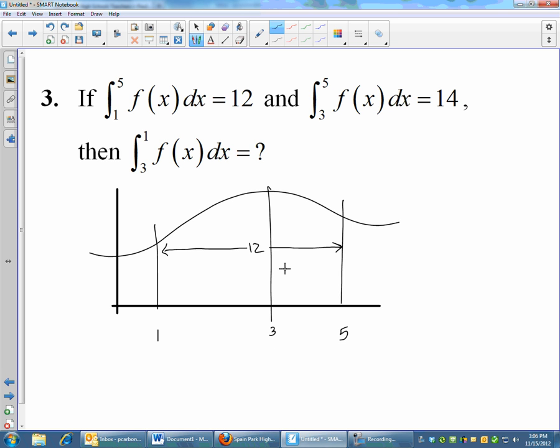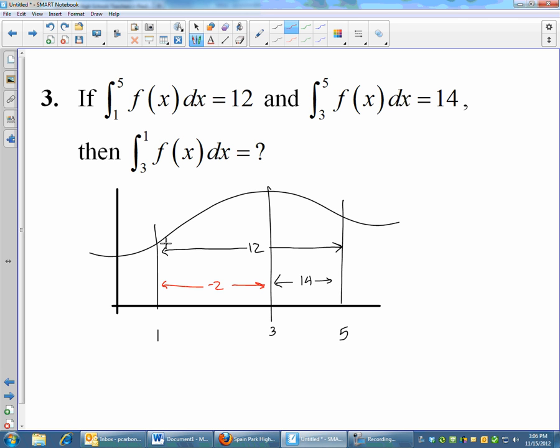That area from here to here is 14, right? That means in order for these two areas to add up to 12, that area must be -2, because then -2 and 14 would add up to 12.